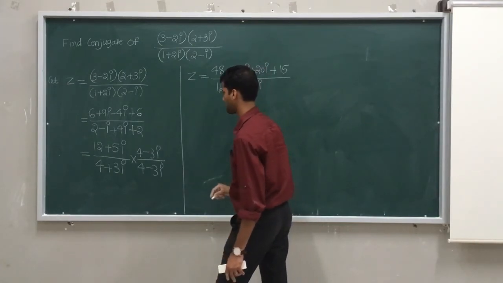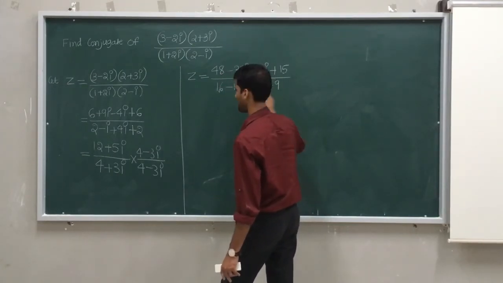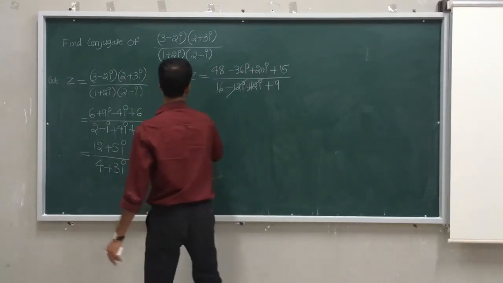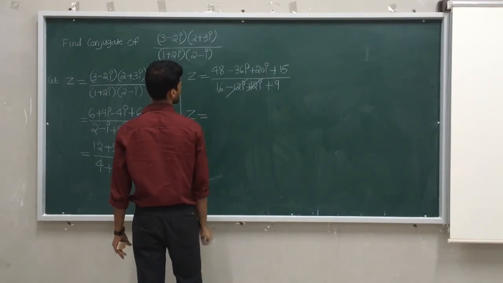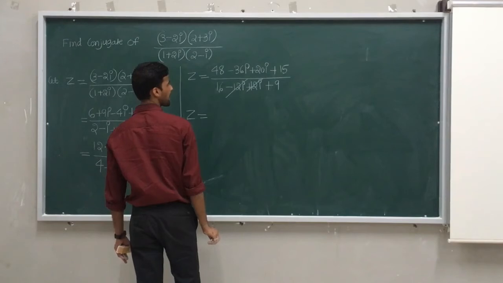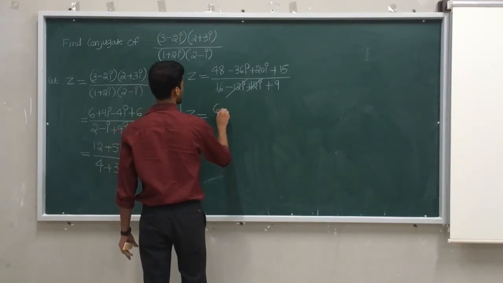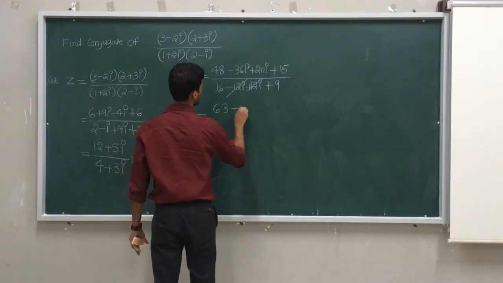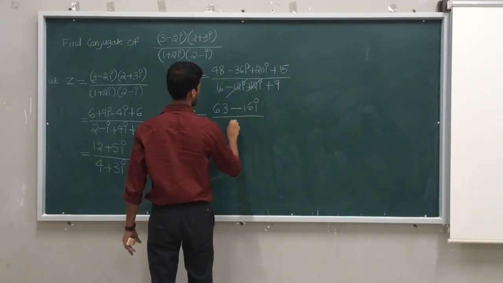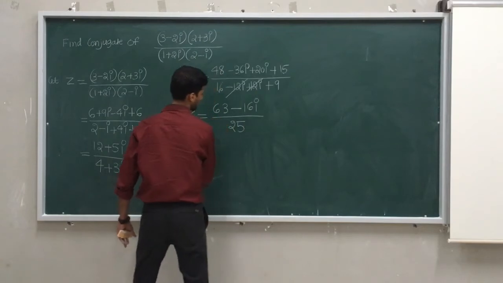Then 3i into minus 3i is minus 9i square, i square is minus 1, minus becomes plus, this will cancel. You end up with 48 plus 15, that is 63, and minus 16i, divided by 16 plus 9, which is 25.